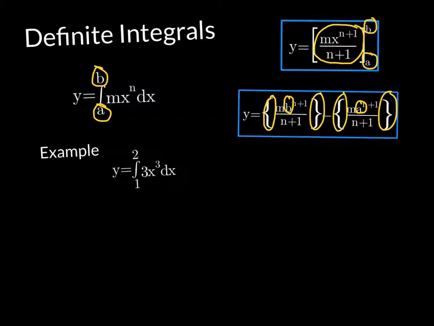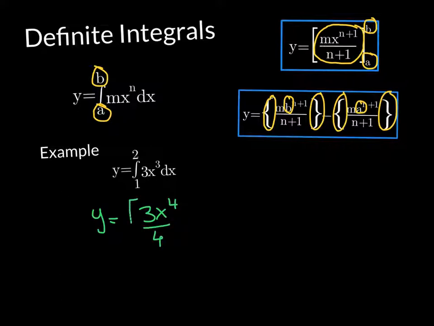So let's look at an example where y is equal to the integral of 3x cubed with respect to x, and we have an upper limit of 2 and a lower limit of 1. So what we can say then is that y is equal to, well, the integral of 3x cubed would be 3x to the power of 4 over 4.